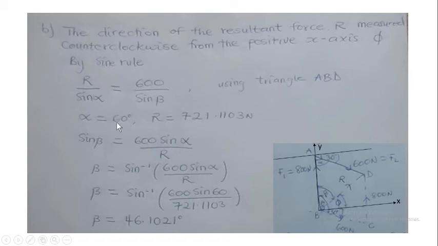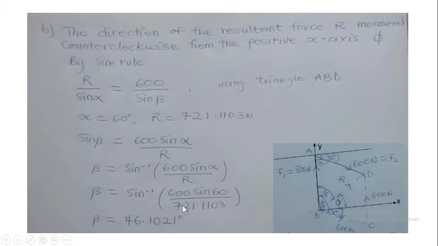Now you know the value of alpha to be 60 degrees, and r is also equal to 721.1103 Newton. Now, when you slot in those values, making sine beta the subject, you realize that sine beta equals 600 sine alpha all over r, and then beta is equal to the sine inverse of 600 sine alpha all over r.